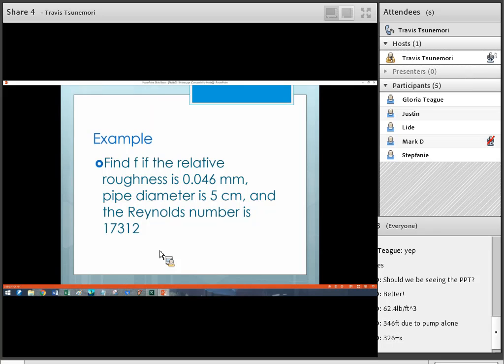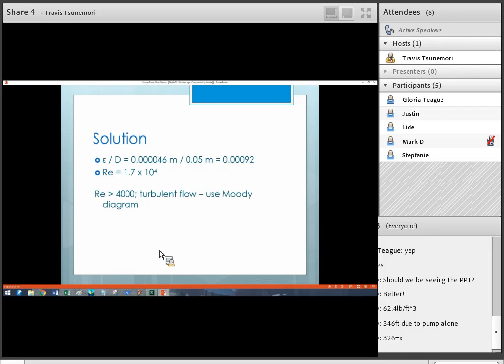So if you have 0.046 millimeters for epsilon, and the pipe diameter is 5 centimeters, we have to calculate the relative roughness, and we have to have those both, of course, in the same units. So if we do that, we get 0.00092. So that's going to be between 0.0008 and 0.001 on the far right axis.